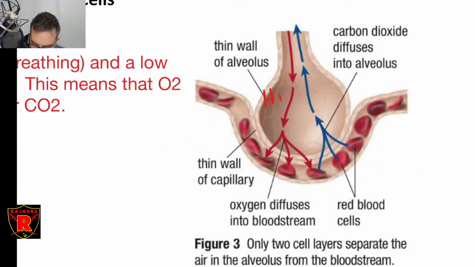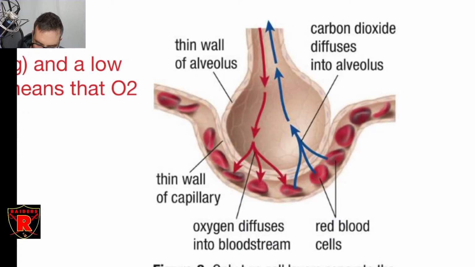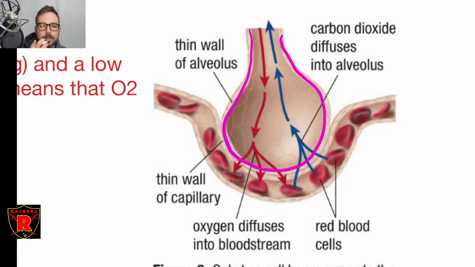If you can imagine, if you look way down deep into your lungs, there are these little sacs called alveoli. Okay, that's this little sac right here. If you follow the lungs all the way deep in, each one of the little passageways terminates in a little sac, or a group of little sacs called alveoli.